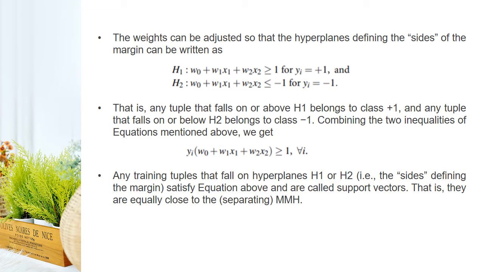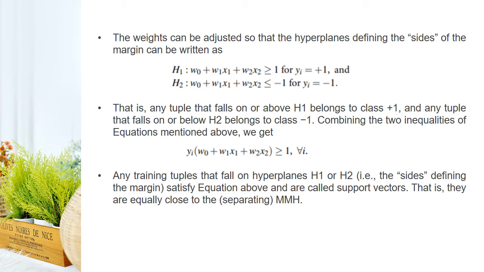Any training tuples that fall on hyperplanes h1 or h2, that is the sides defining the margin, satisfy the equation above and are called support vectors. So what do we mean by support vector? Any training tuples that fall on hyperplanes h1 or h2 and satisfy the equation above are called support vectors.